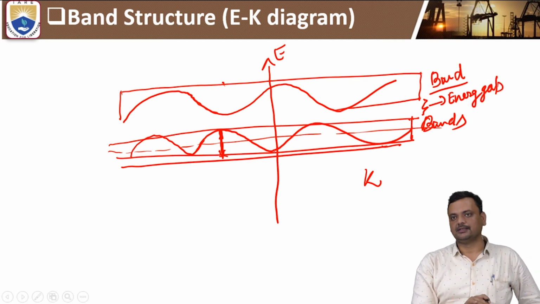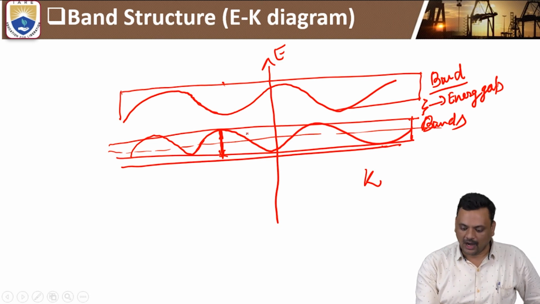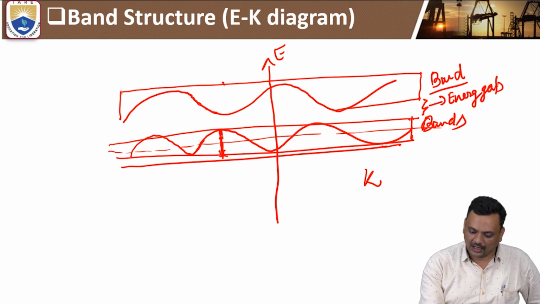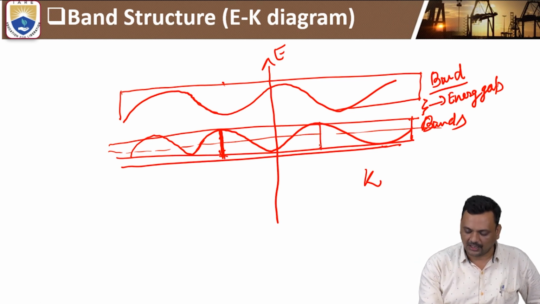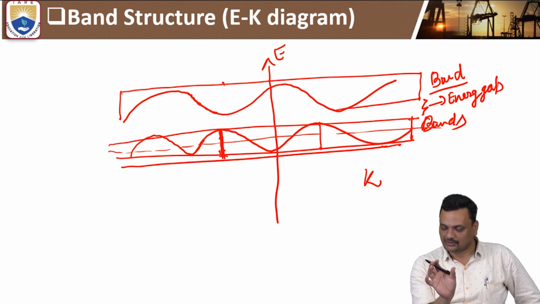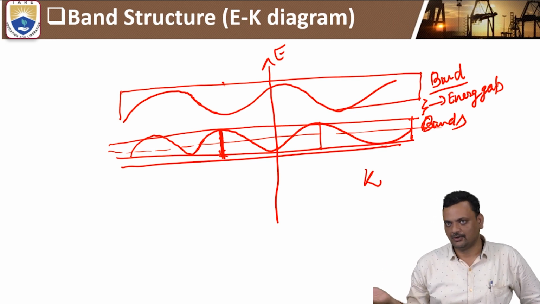This allowed energy band is periodic in nature, so if you know the property of this band in any particular region, the same thing will be repeated in each and every period.